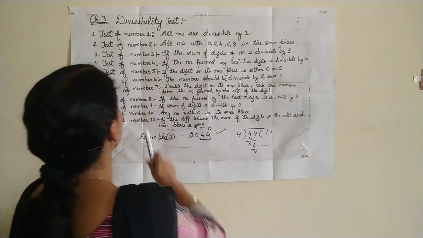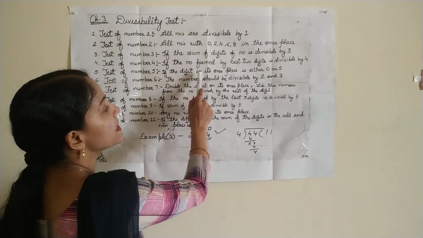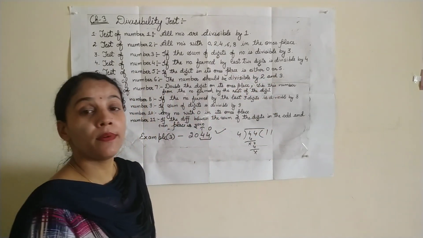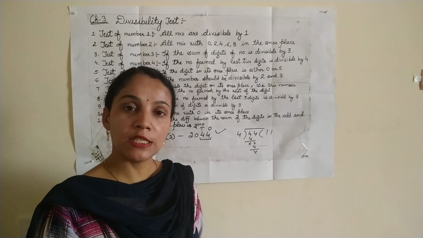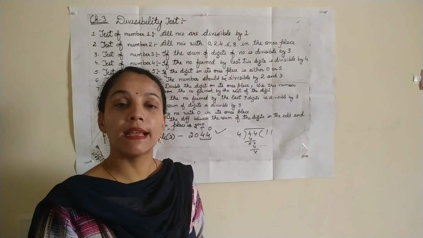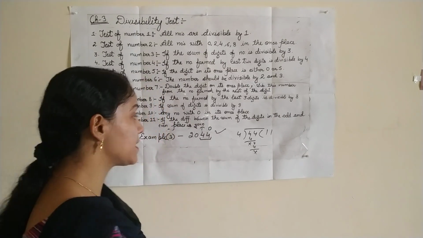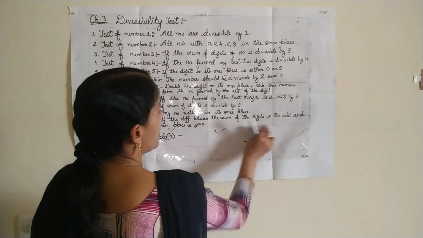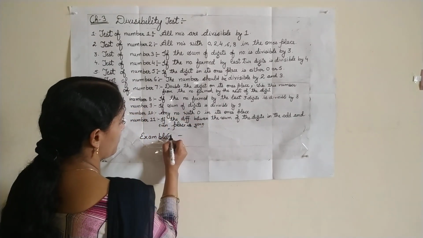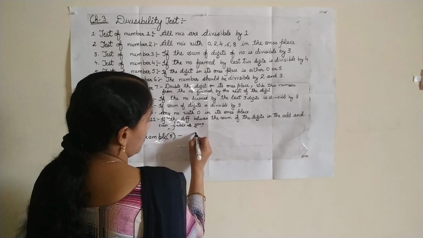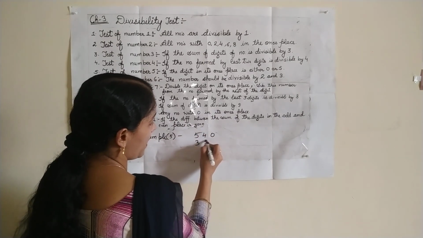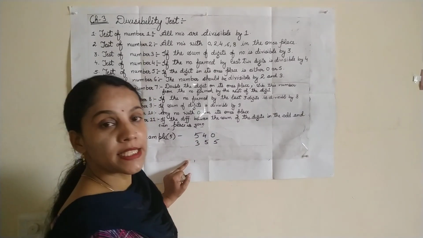Then next is the divisibility rule for number 5. If the digit in the ones place is either 0 or 5, that number is divisible by 5. Just see here, if I take the examples 540 and 355, check the ones place digit.